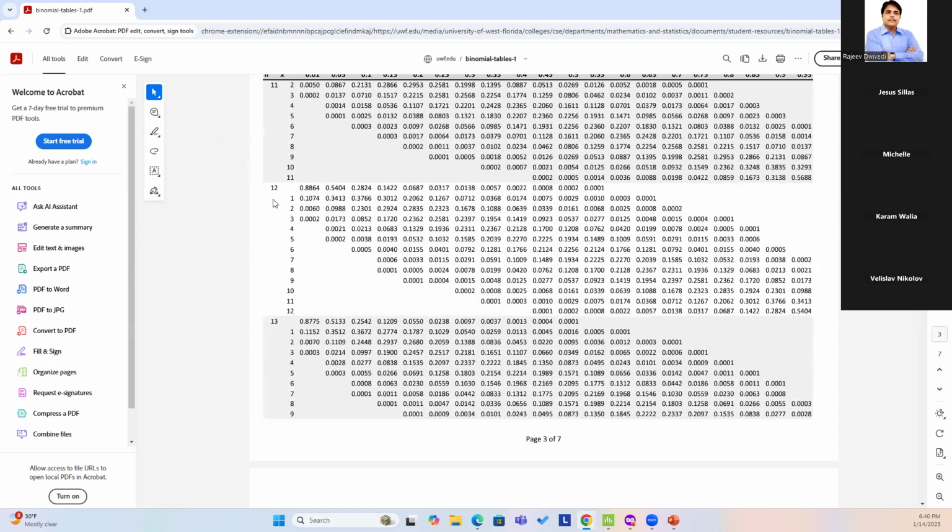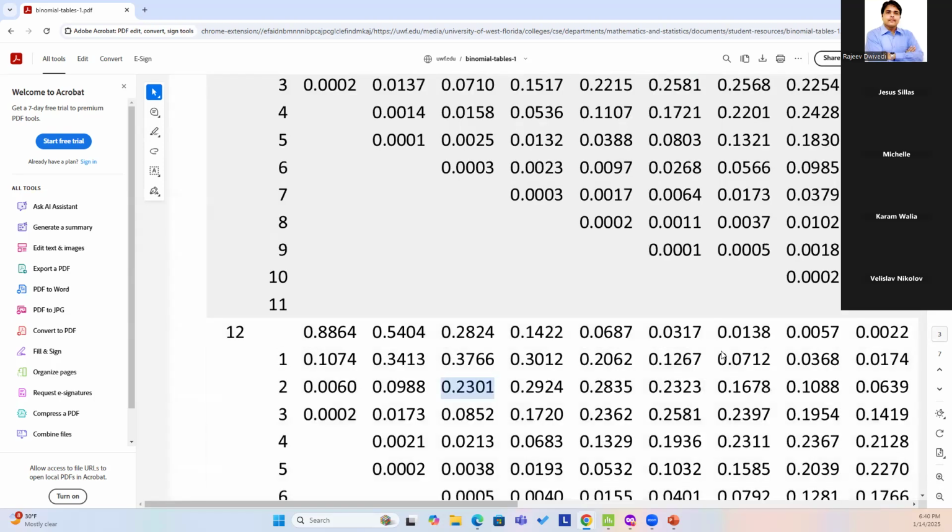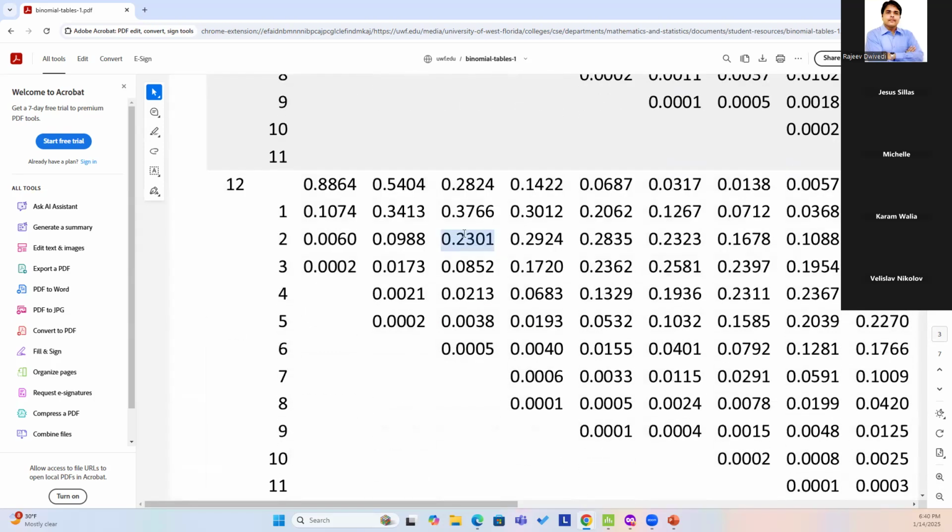So n equals 12. Now look into x, x equal to 2. This is the 2, and this is the answer that we got.